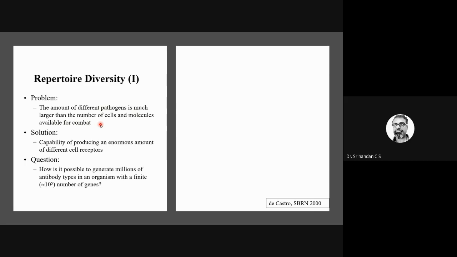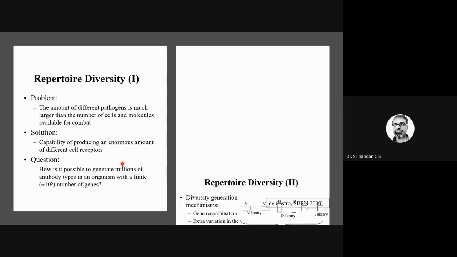Now, how will the immune system find a solution for this? There is a lot of epitope diversity, 10 to the power 18, a quintillion diversity, produced. Because of this, how is it possible to generate millions of antibody types from a finite number of genes? It can rearrange itself.